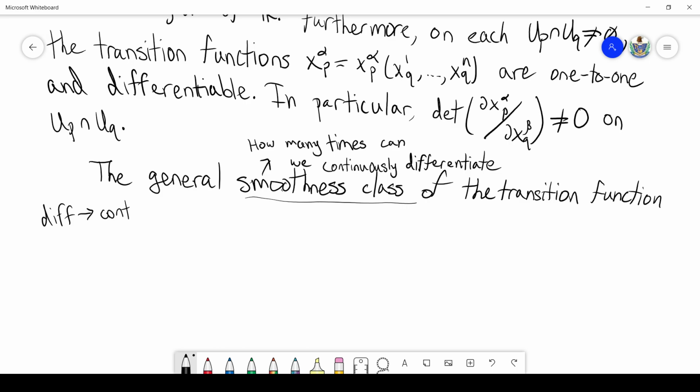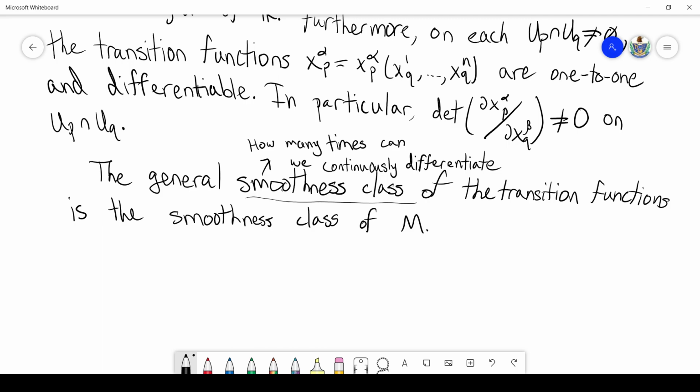So essentially the smoothness class is saying how many times we can take derivatives and the derivatives are still continuous. That's what this means. So the general smoothness class of the transition functions is the smoothness class of the manifold.